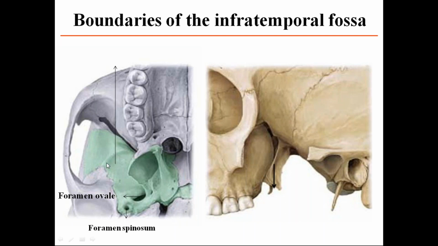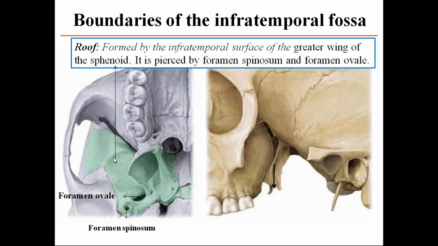This is called the temporal crest, which separates the temporal fossa from the infratemporal fossa. Okay, so now the roof of the infratemporal fossa is formed by the infratemporal surface of the greater wing of sphenoid. It is pierced by two foramina: one is the foramen ovale, the other the foramen spinosum.